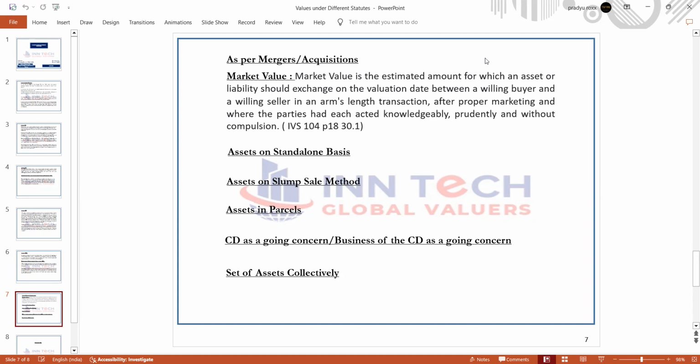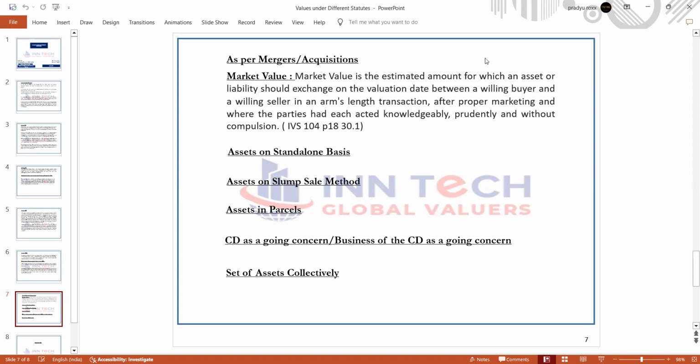Going concern basis here means as it is, the company is able to run the business and some new investor, or the person who wants to take over that asset, steps into the shoes of the existing corporate debtor and runs the business.